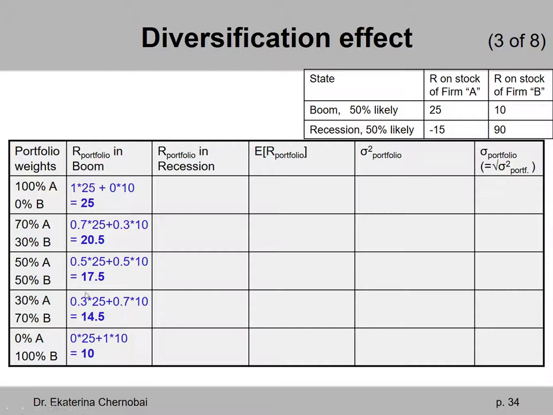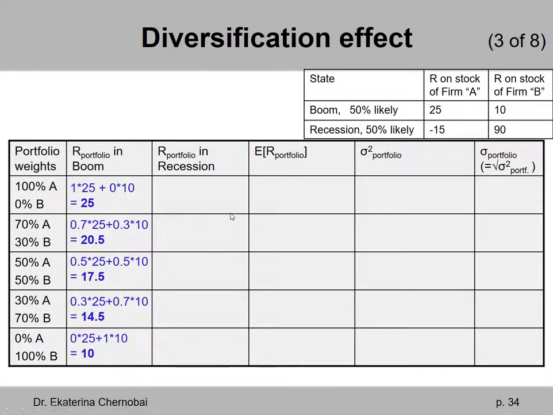They're kind of going down as we are lowering the amount of stock A, which has a high return, and increasing the amount of stock B, which has a low return. So overall portfolio return in the boom state goes down.